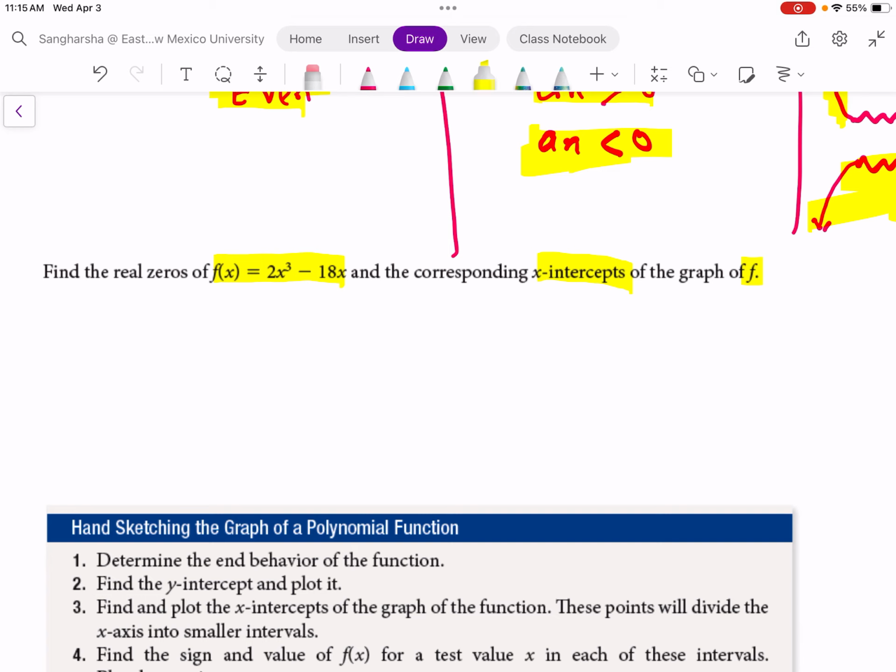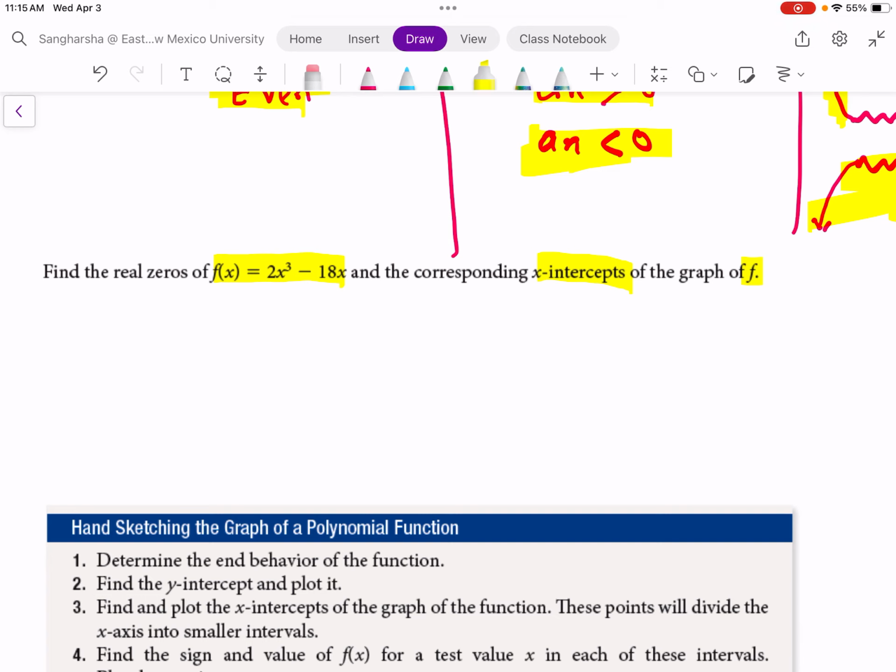Whenever we are finding the real zero, we are finding our input. Every time, if you are finding the real zero, then you are finding the input x. We are finding the value of x such that our output is 0. It means we are looking for the x which gives us output equal to 0.